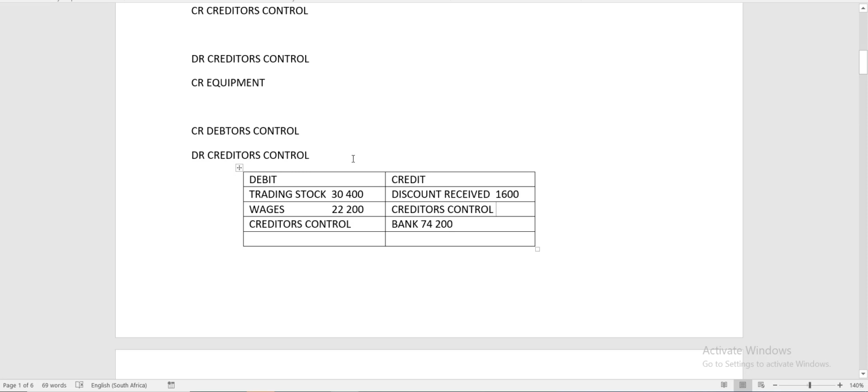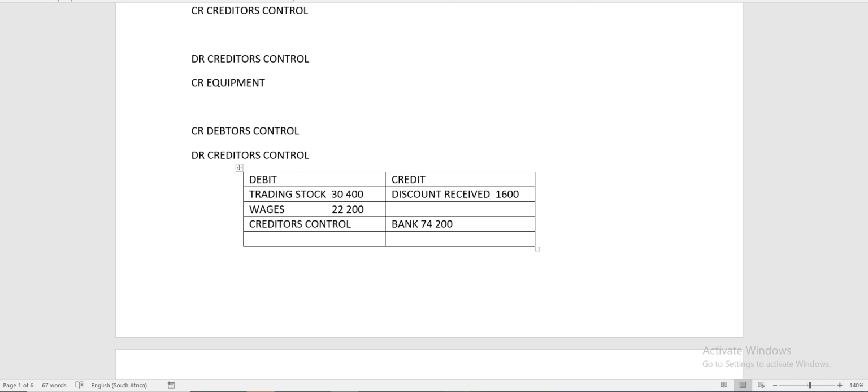Now when it's like this, creditors control will actually be on the debit side because it is decreasing and we are paying. So what we can do to get that difference, remember the discount will not affect your bank figure. In this case, we are just trying to find out how much was actually paid to the creditors.